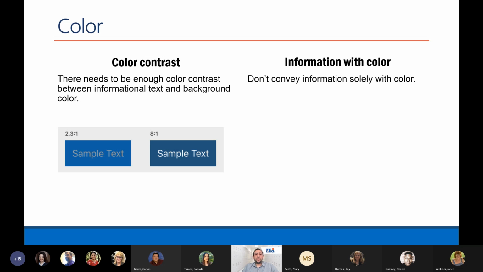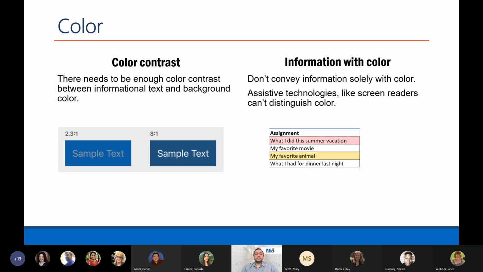Also with color information, any color with information is something to be aware of. You can't convey information solely on color. Assistive technologies, like screen readers, can't distinguish color. And it's also going to affect people with colorblind issues.